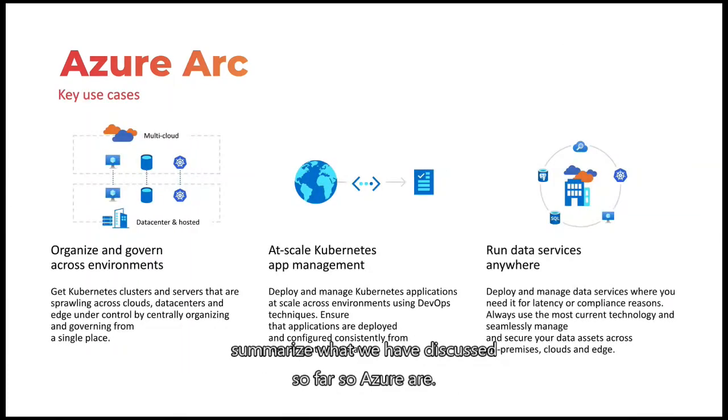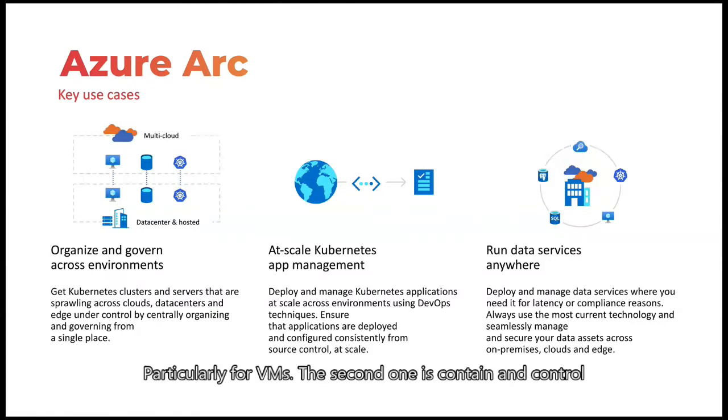So let me summarize what we have discussed so far. Azure Arc does three things: organize and govern resources across environments, particularly for VMs. The second one is contain and control cluster sprawl by bringing all of them into the fold of Azure Arc and managing that seamlessly from a single unified view.